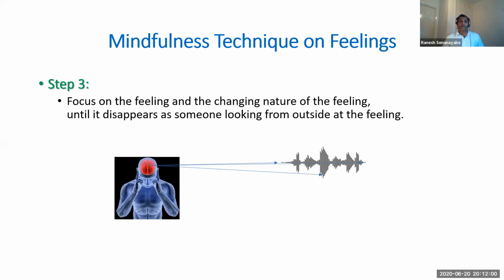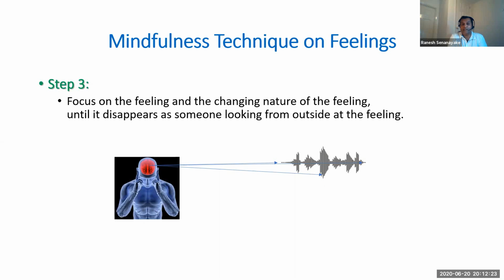So just to summarize the 3 steps of the exercise. First step is to identify what type of feeling it is, whether it's happy, sad, or neutral. Second step is focus on the feeling, not the story around it.